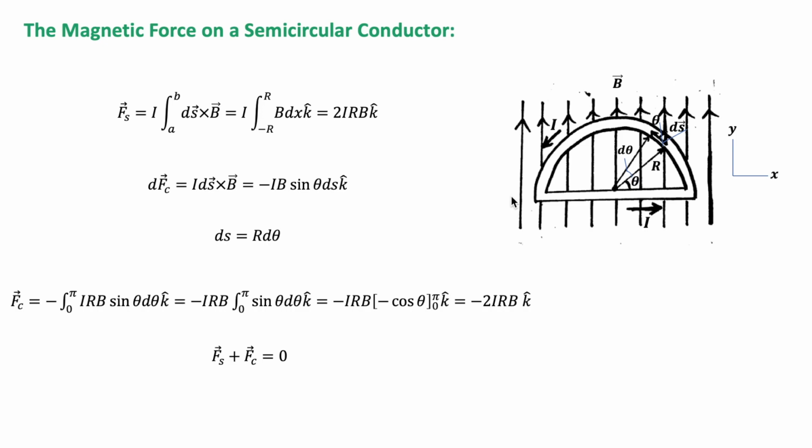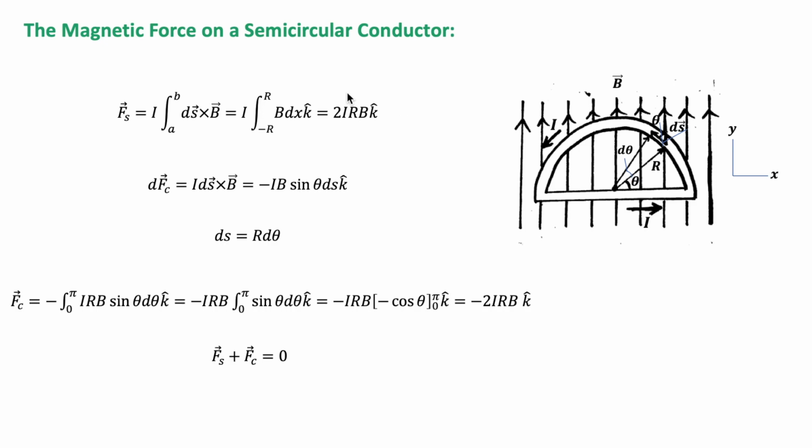So for the straight portion, we have F_s equal to I times the integral from A to B of ds cross B, which is the integral from minus R to R of B dx k. k because F_s here is directed in the z direction, okay? And this is equal to 2IRB k, okay?